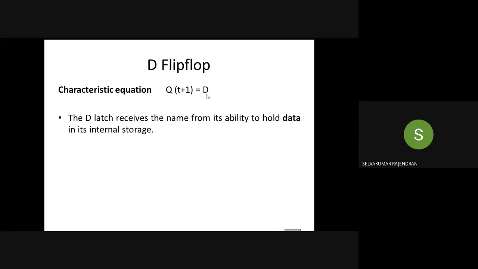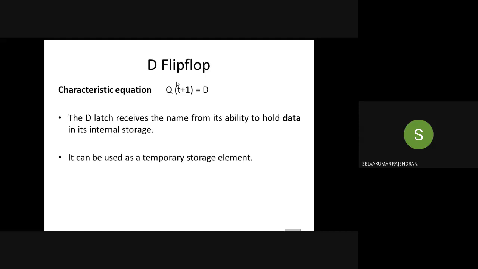From this you can observe that the D latch receives its name from its ability to hold data which is applied on the input line. Whatever data is applied on the input line D will be available on the output, or it stores data.